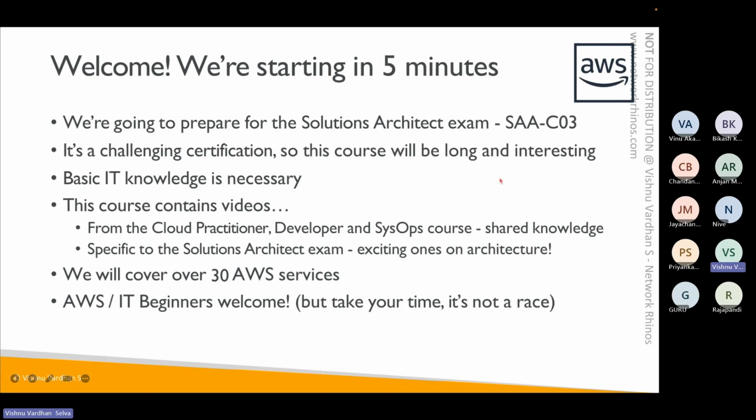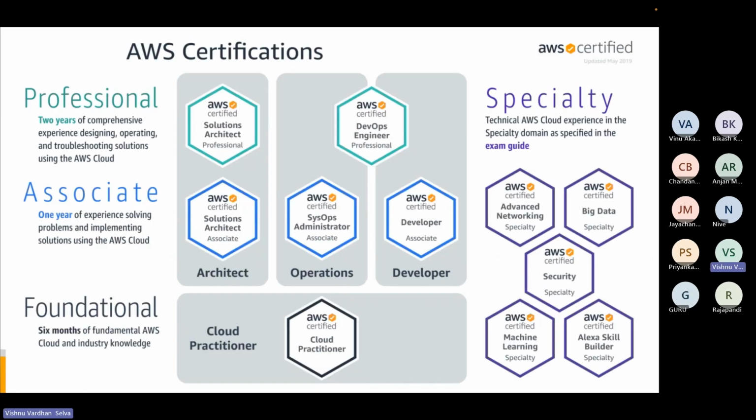In this training, we'll be covering 25 to 30 AWS instances. It is a from-scratch program, but we expect you to have basic IT knowledge like IP addressing and MAC addressing.